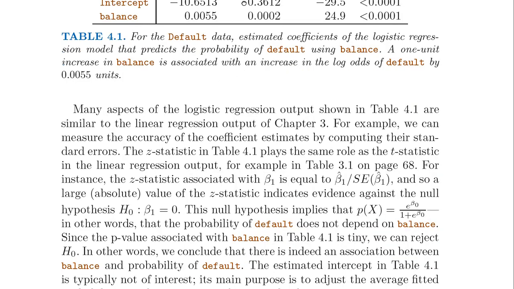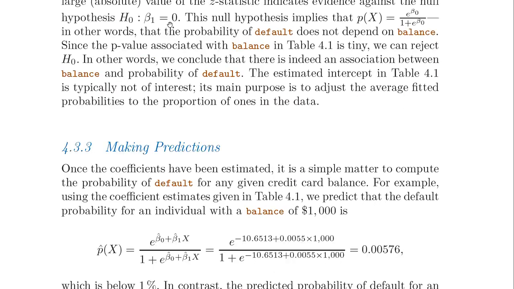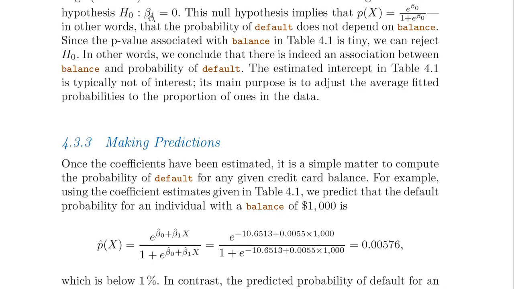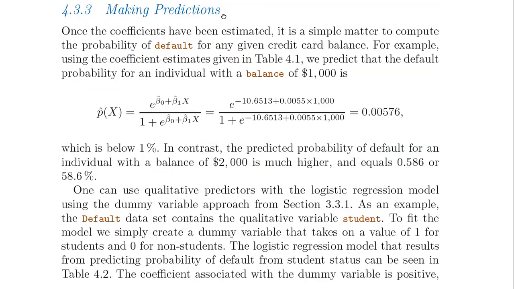H naught being that beta 1 is in fact 0, the true beta 1 is 0. If you don't reject H naught, we are rejecting it in this example, but if you don't, you would conclude that the default does not depend on balance.